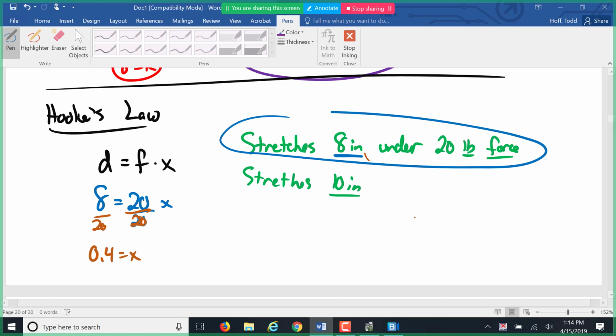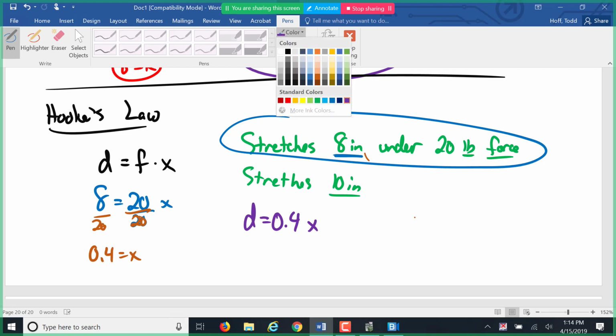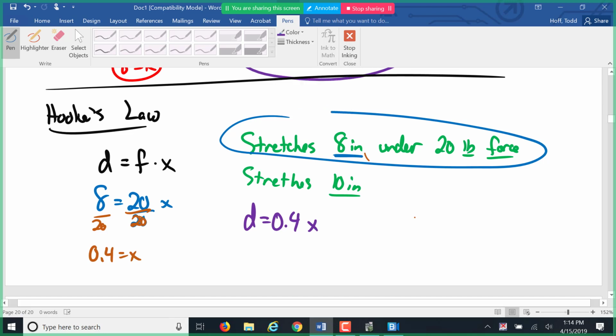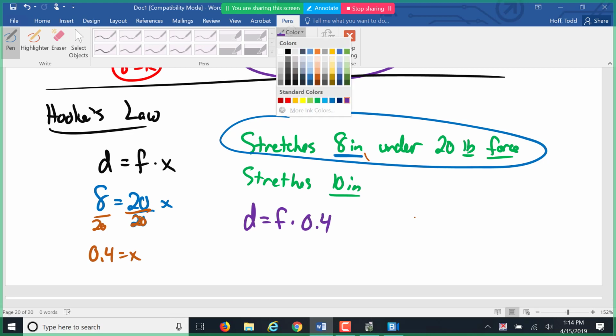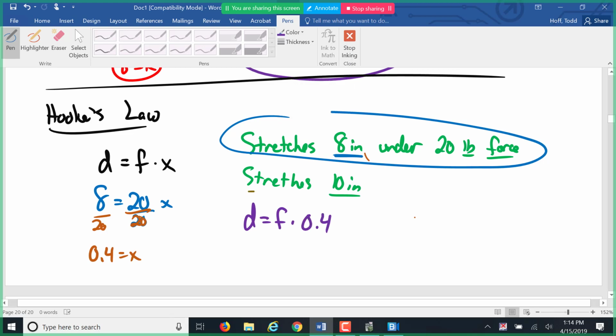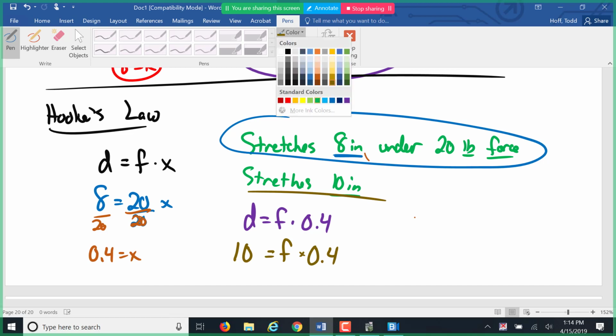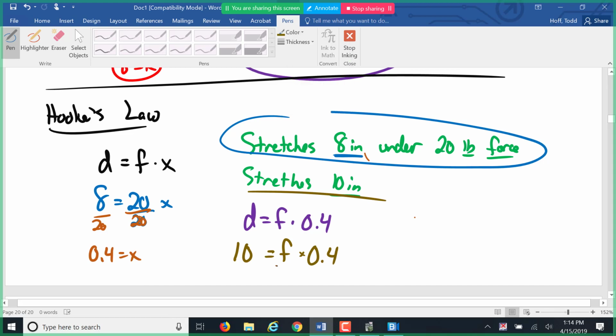So D, that distance, equals 0.4 times X. Sorry, D will be F times 0.4, I should specify. That force times 0.4. So in the second part, if it stretches 10 inches, what was the force? So I put 10 there. F times 0.4, we will solve by dividing by the 0.4. We get 25 equals F. That would be 25 pounds to stretch it 10 inches.